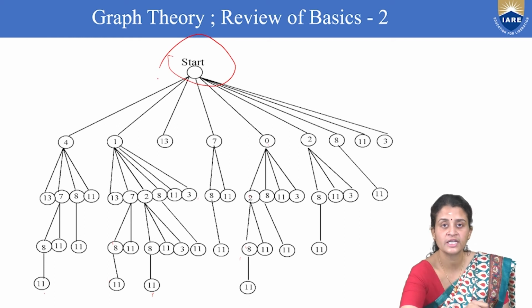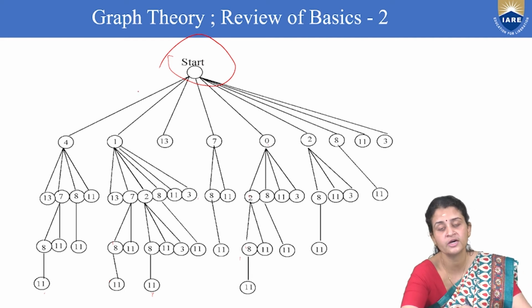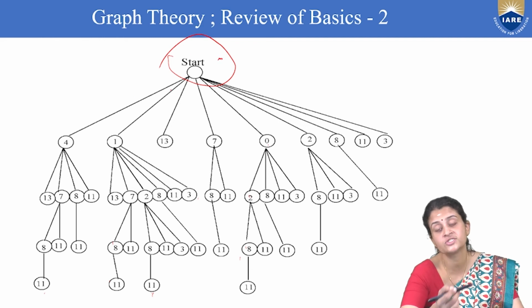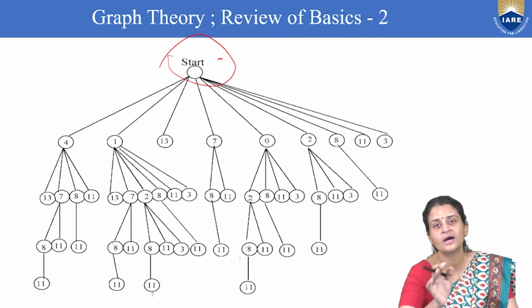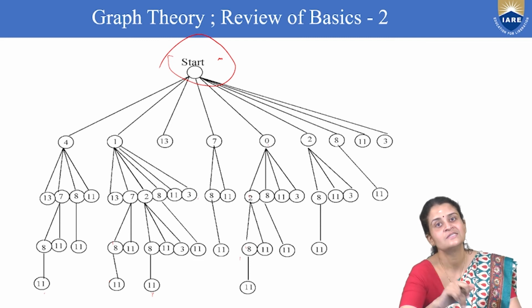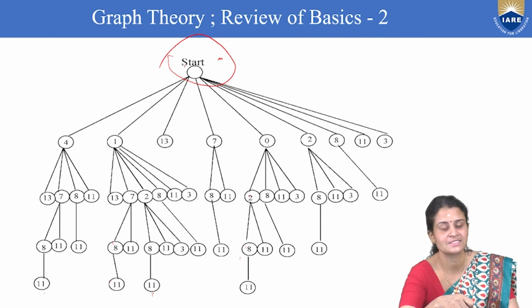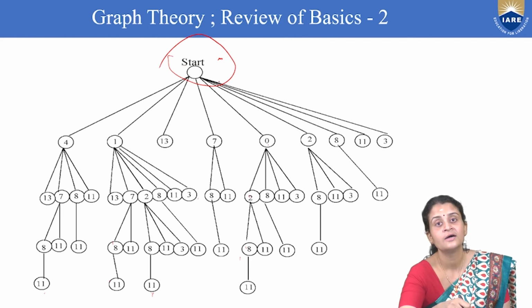From here we are starting, and before that, many things happen. From here we are going to start, and so it is distinguished from other vertices. So it is termed to be a rooted tree.